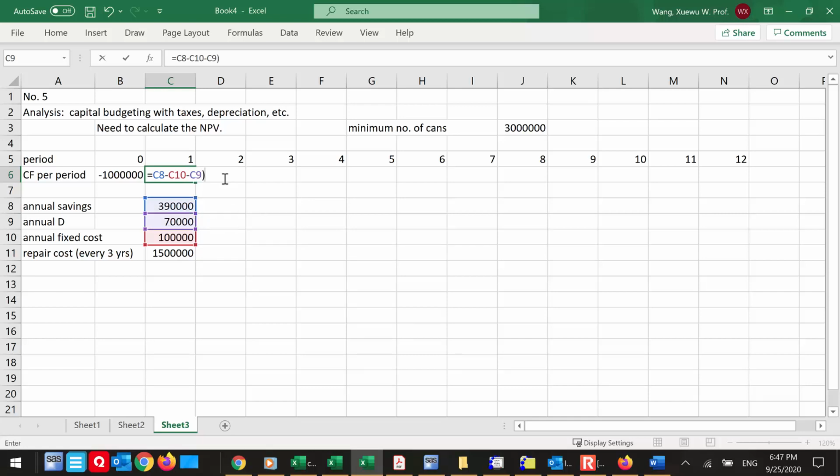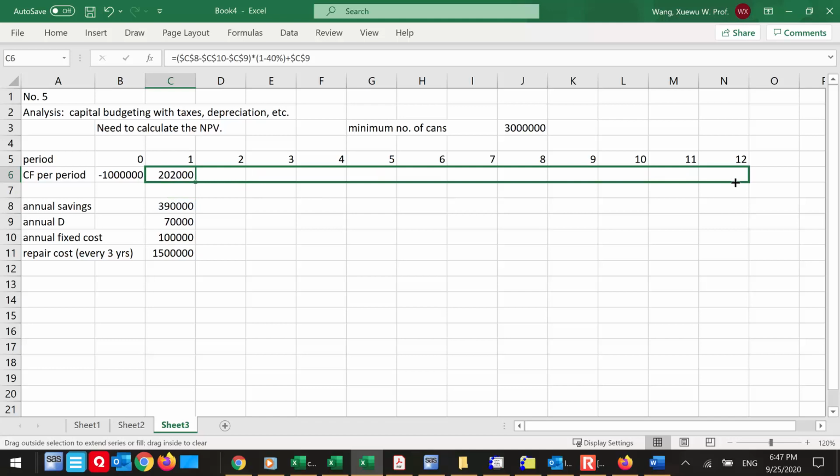All right, and I can now pay tax. Okay, so 1 minus the tax rate, and that's going to be 40%. All right, and because I took out depreciation, I need to put back depreciation. Okay, so that is the cash flow in the first year, and I need to lock down this number here. Okay, all right, so that is the cash flow for year 1, and I'll just copy this across.